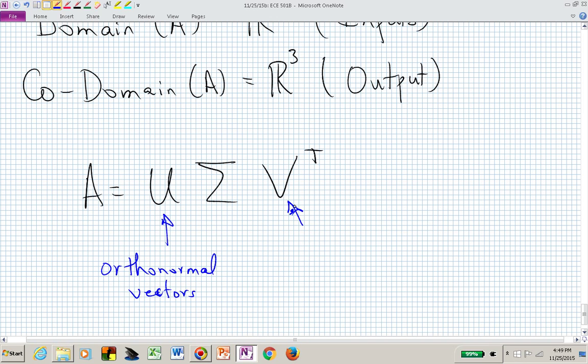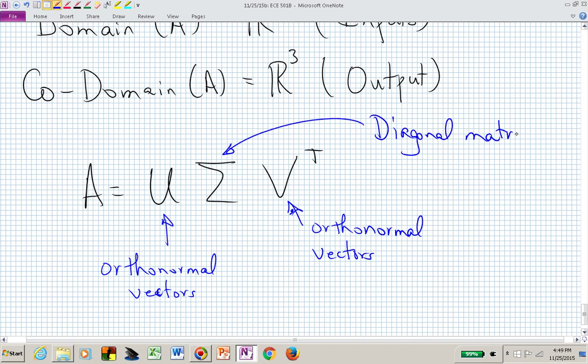V is now a 4 by 4 matrix, and it's made up of a set of orthonormal vectors. And sigma is a diagonal matrix, but it may not be square.